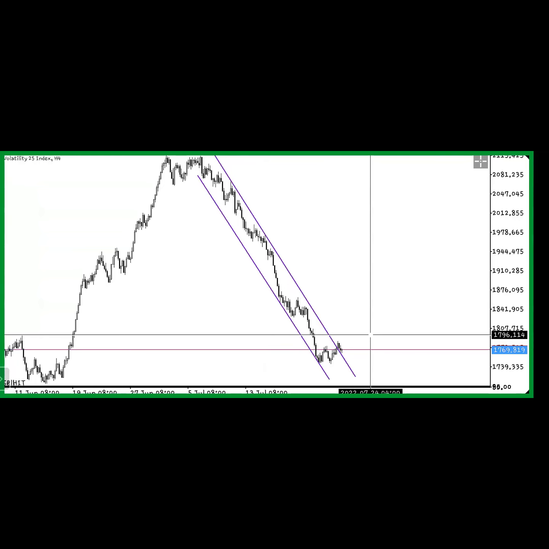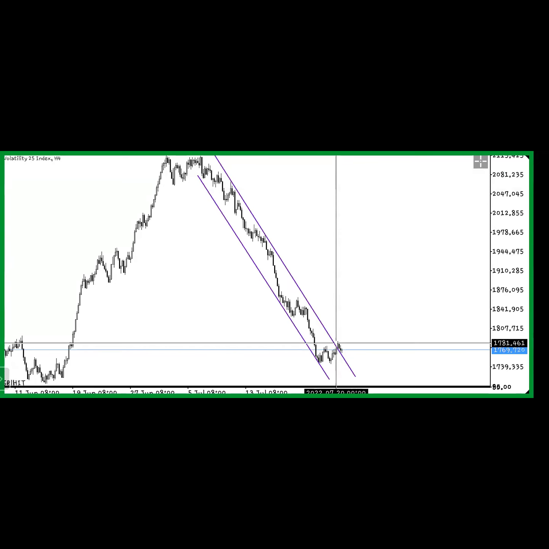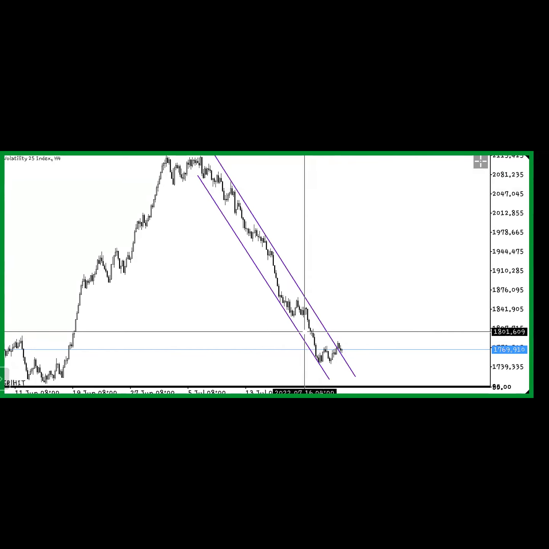For you to have a good entry, you have to at least have 2 or 3 reasons to take a trade. For example, here, my number 1 reason to take this trade is there is a proper breakout and retest on my channel.